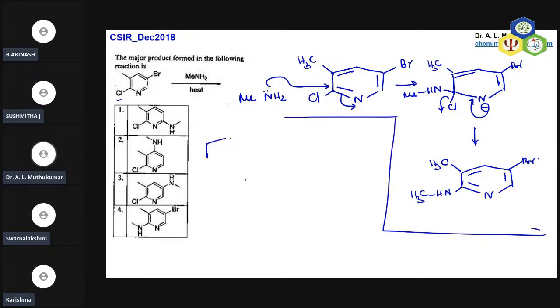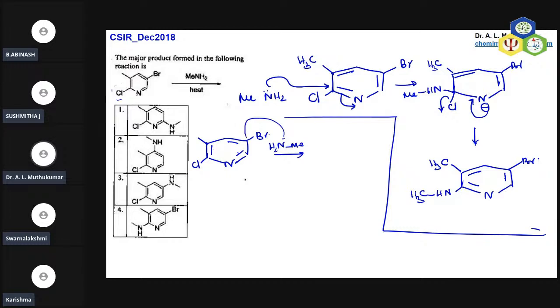Suppose it is reacting at the bromine-containing atom, that is the C3 position. I already explained in the case of nucleophilic substitution of pyridine, the reaction will take place at the C2 position or C4 position only. C3 position will be least reactive. The same thing is happening here.